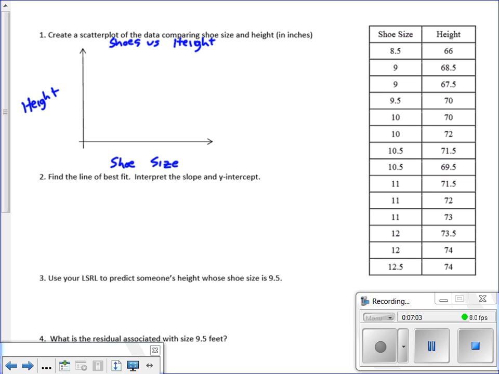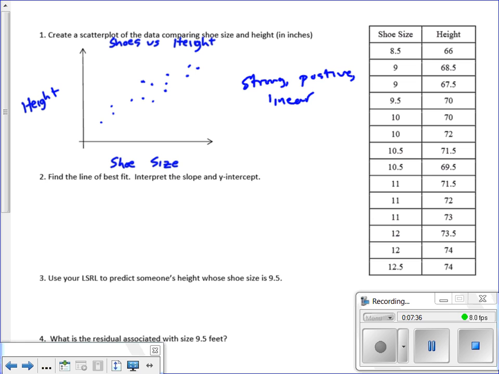Obviously if we wanted more detail, we could label the axes and get a better scale, but for now I'll just get a quick feel for the look of the graph. What we can see from that is a strong positive, and I'm going to say linear relationship.